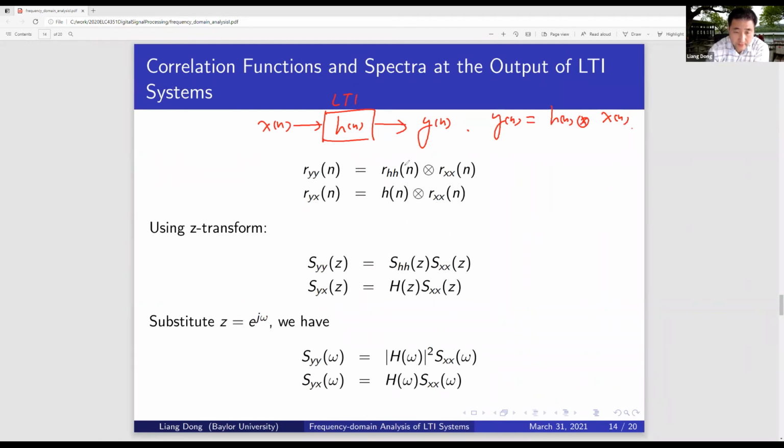We can prove that this is also true if my input becomes the autocorrelation R_xx[n]. n is a time index. Actually from autocorrelation, we used l before.